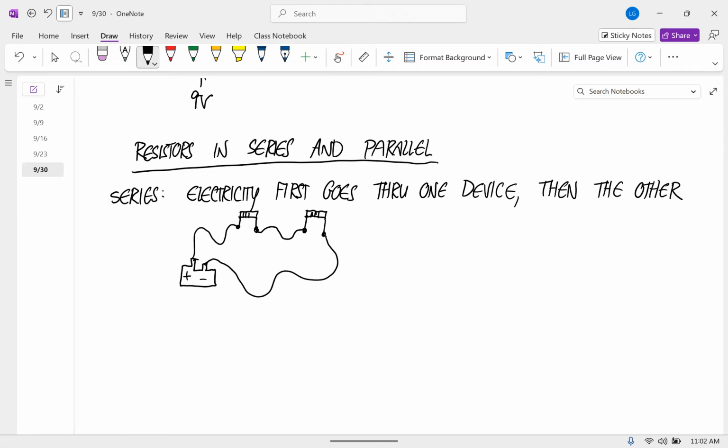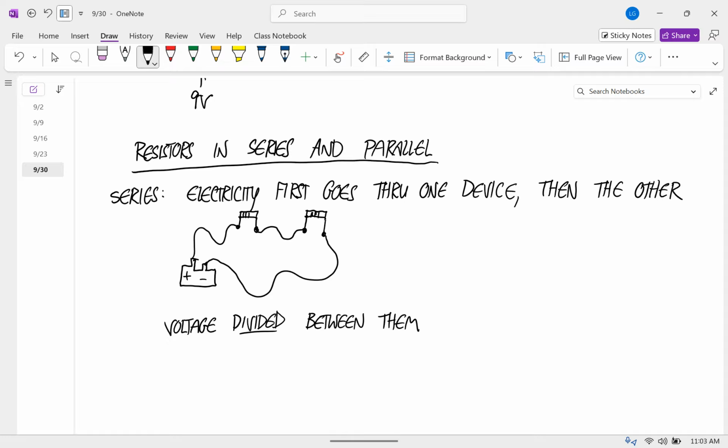When you have resistors in series like this, the voltage is divided between the two of them. The way this would work depends on what these resistances are. If this is 9 volts, then maybe this would be 6 and this would be 3 volts.